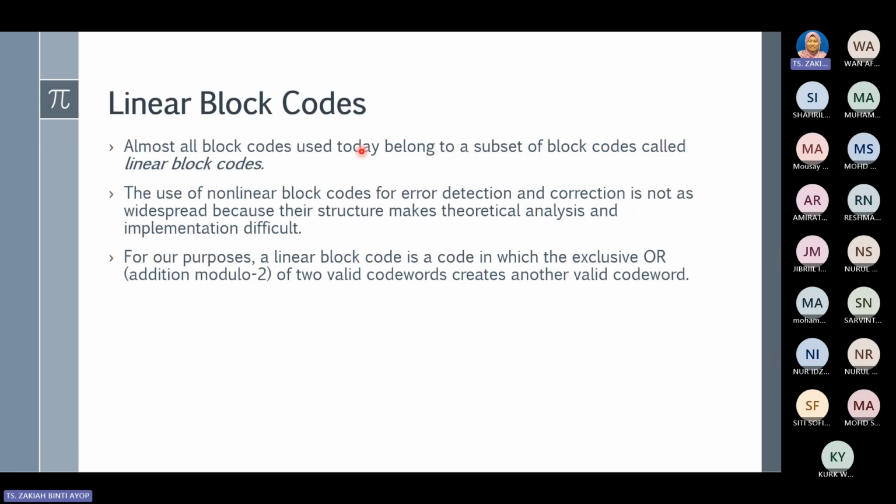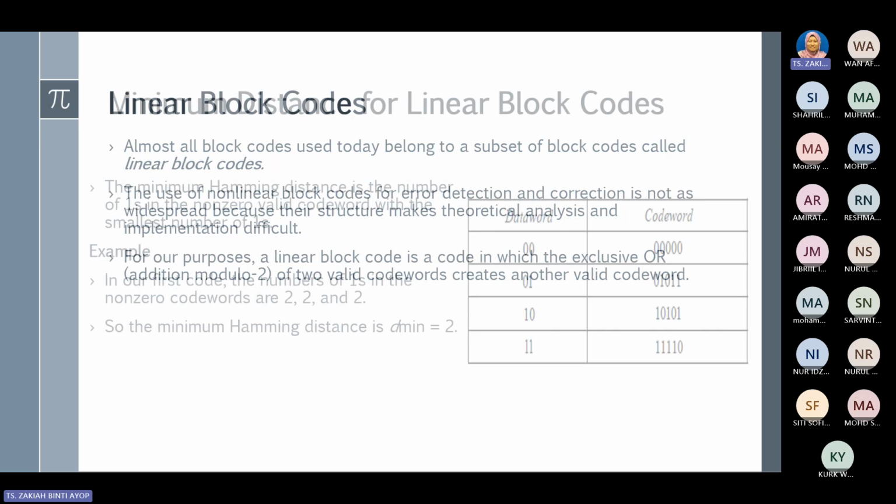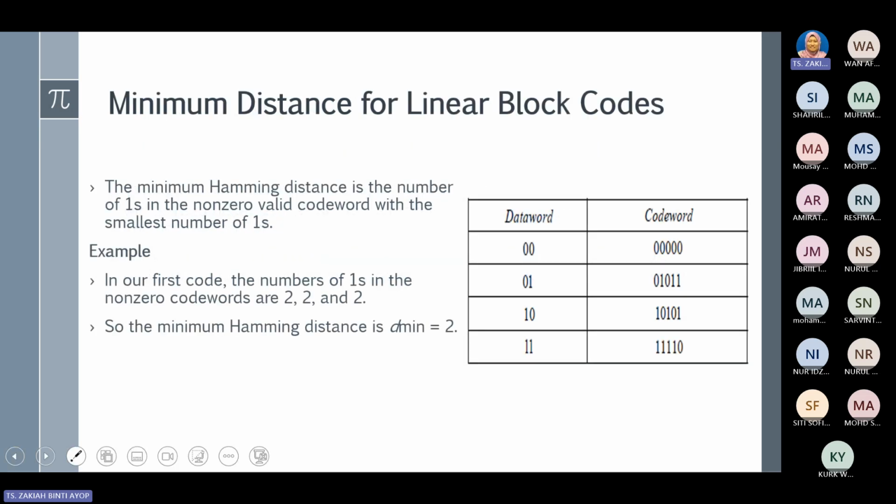Almost all block codes used today belong to a subset called linear block codes. The use of non-linear block codes for error detection and correction is not as widespread because their structure makes theoretical analysis and implementation difficult. For our purposes, a linear block code is a code in which the exclusive OR, or addition modulo 2, of two valid code words creates another valid code word.